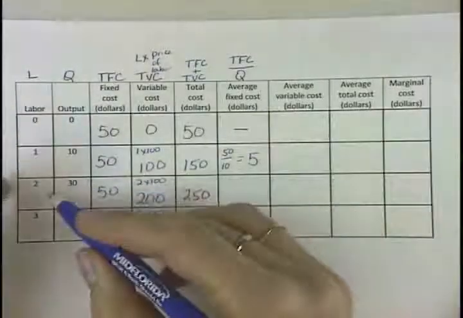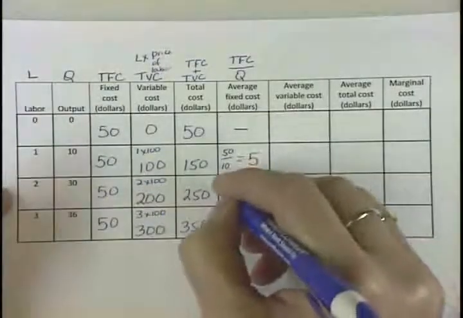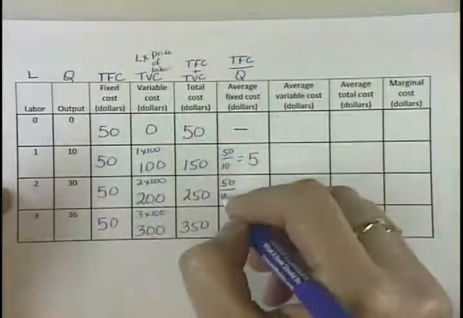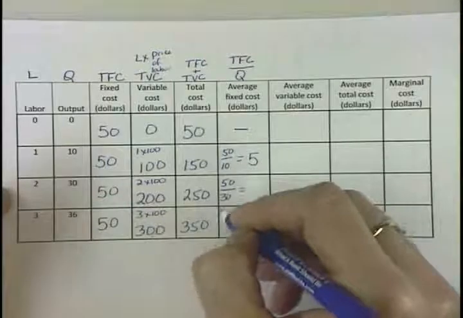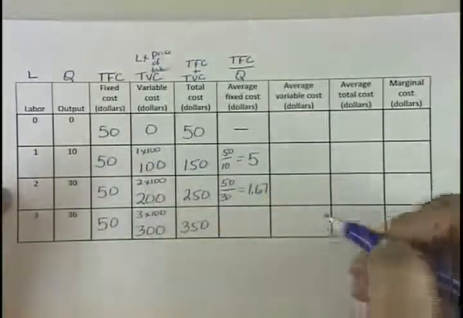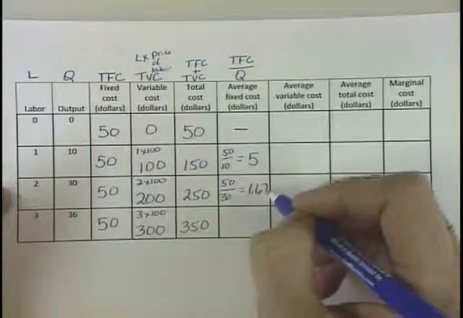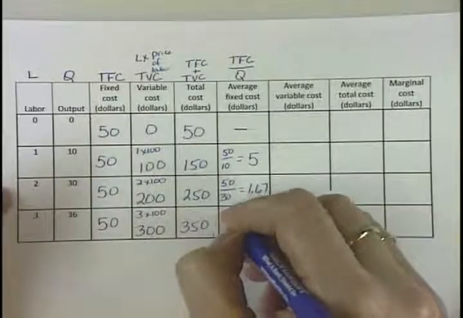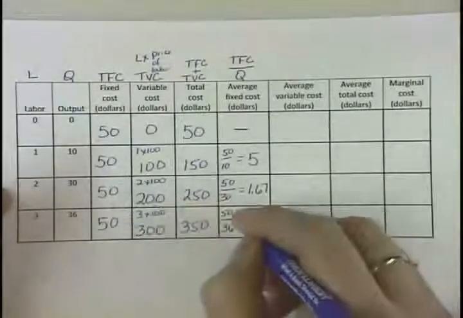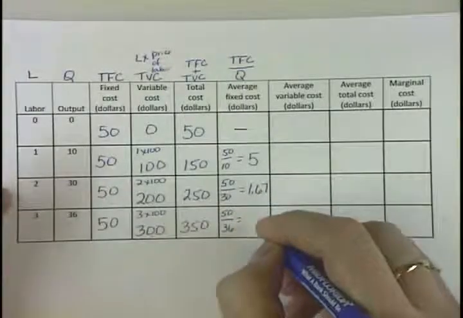For this next one, our fixed cost is 50. Remember, that one doesn't change. We're producing 30 units, so 50 divided by 30 is going to be 1.67. Then we take 50 divided by 36, this Q value. 50 divided by 36 is going to be about 1.39.